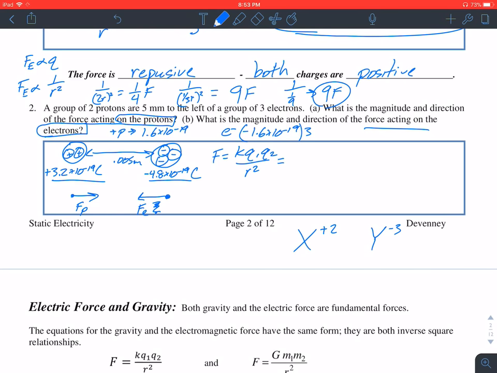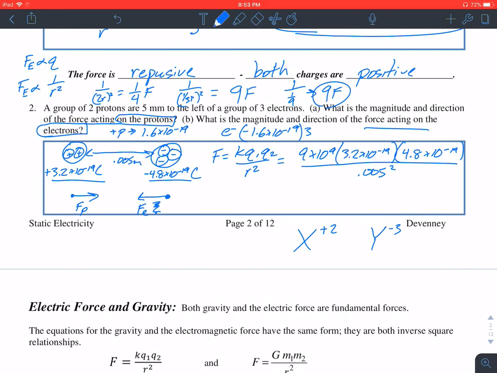So we punch in our numbers, 9 times 10 to the ninth. Our charges of our two protons, 3.2 times 10 to the negative 19th. Our electrons, remember we're doing absolute value here, so 4.8 times 10 to the negative 19th over our distance in meters, 0.005, and make sure you square it.